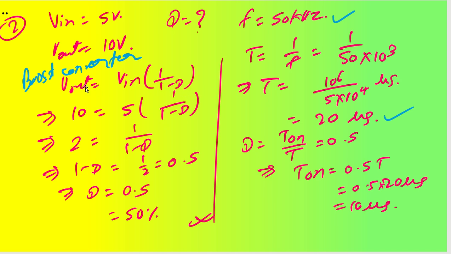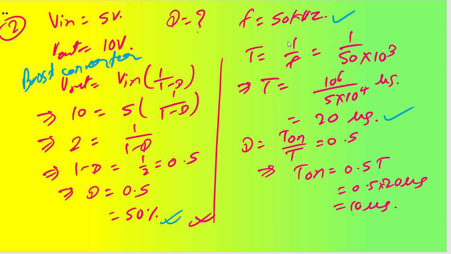So we'll substitute the value of V out and V in to get the value of D, that is duty cycle, which is going to be how much? 10 by 5, that is 2. So 2 equal to 1 by 1 minus D. Then 1 by 1 minus D will be 1 by 2, that is going to be 0.5. And this is how D will be equal to 1 minus 0.5, that will be 50%. So my duty cycle requirement is 50% to set the input voltage 5 volt to output voltage 10 volt.